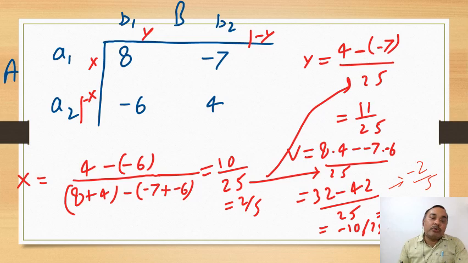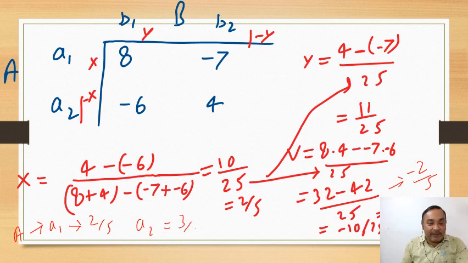Okay. So now how to write the answer? We have to write the answer like that. When A will go for the A1 strategy, by how much? For A1 we have taken X, that means 2 by 5. A2 by 1 minus X, that means 1 minus 2 by 5, that means 3 by 5.